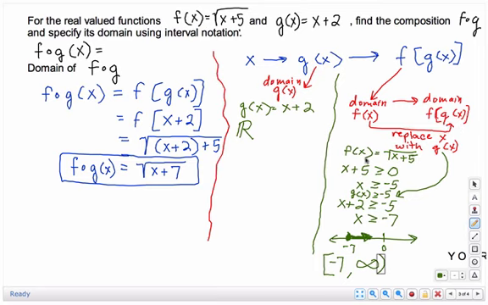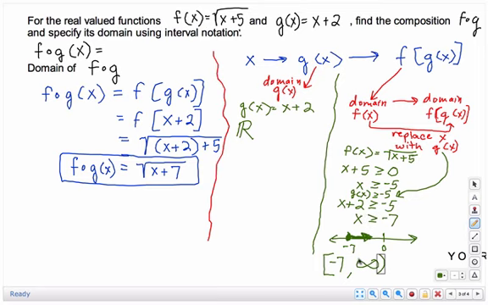Okay, so here's finding the domain of f of x. x plus 5 is greater than or equal to 0. We solve that for x. Then you replace x with g of x, the inside part of the function. Substitute its value, x plus 2, in place of that g of x, and solve again.